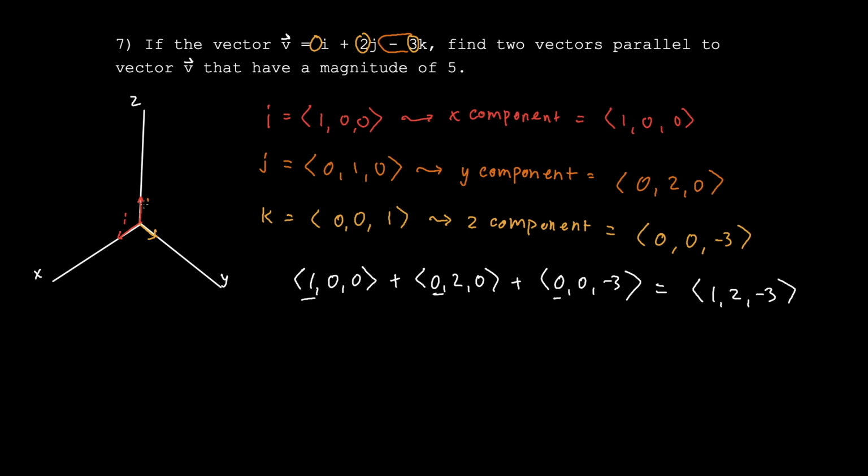So this should be k, and this should be j. So j points in the y direction, k points in the z direction. So 1, 2, -3. The j vector is elongated twice its length, so about right here.